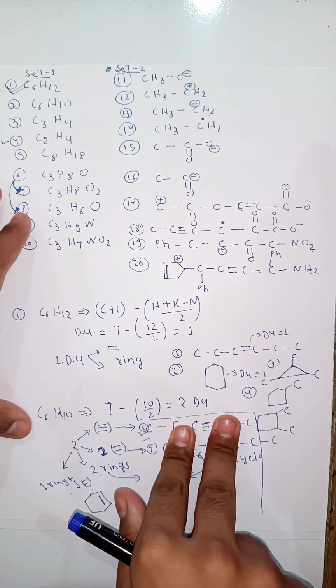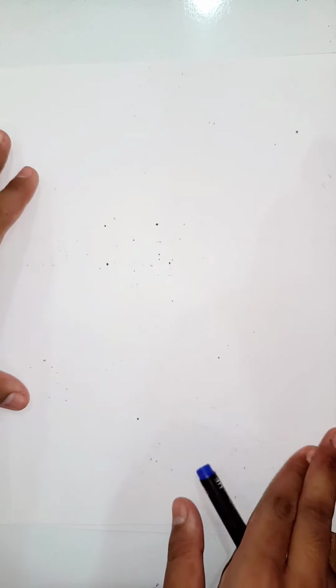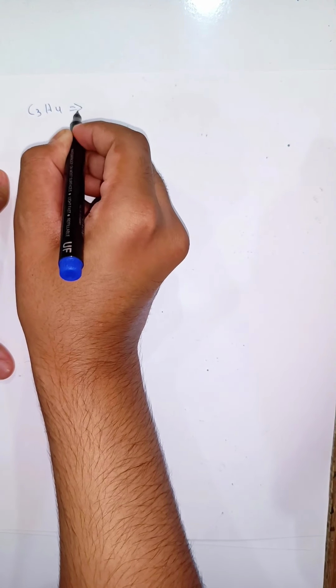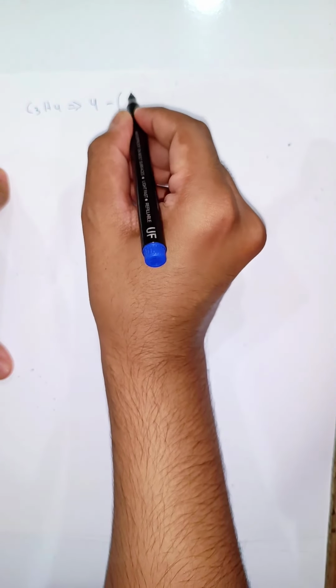So let us quickly take this third example, C3H4. Let us take it as well, C3H4, and calculate its DU. Simple, just put it in the formula. 3 plus 1 is 4, minus H divided by 2.